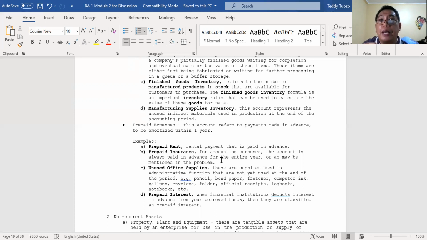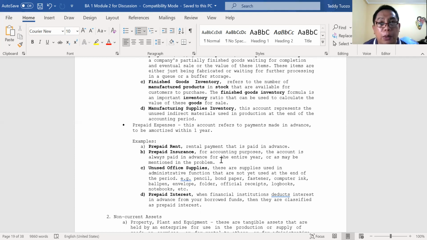Okay? Because if it is a deposit, then it is not supposed to be classified under prepaid expenses. Under current assets, it should be classified as deposits. Rental deposits can be classified as non-current assets.